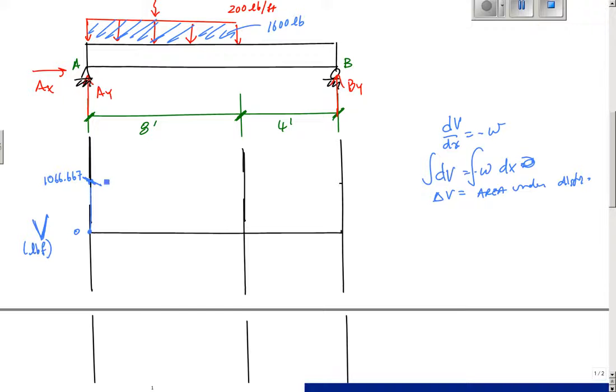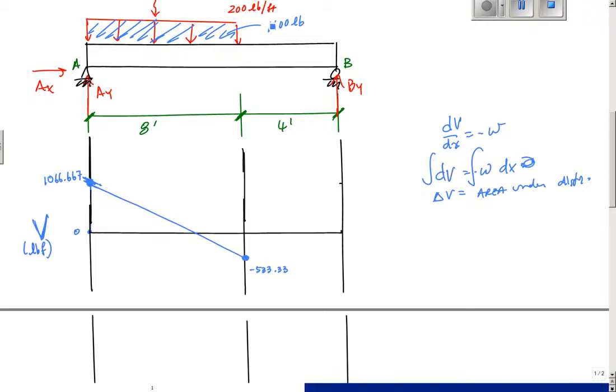That goes all the way down to negative 533.33 right here, so I'm going to have a line going right here. It's a constant slope because my distributed load is uniform. From this point to here, this is negative 533.333.